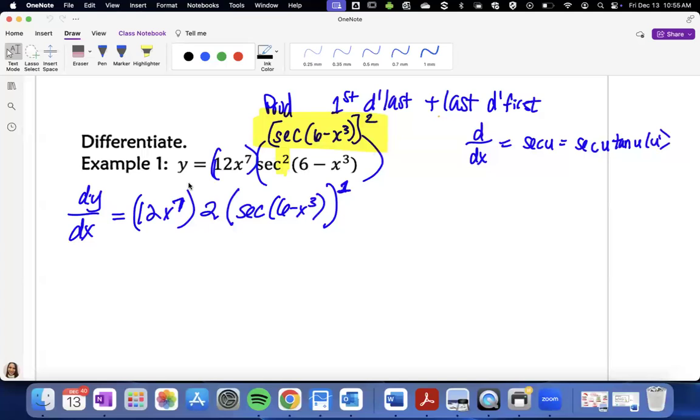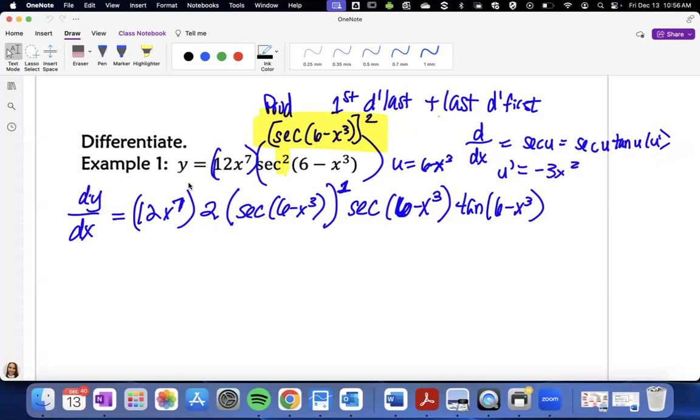So we do secant of u, which is the 6 minus x cubed, tangent of 6 minus x cubed. Ladies and gents, what's my u prime? Negative 3x squared. Does it help to write these on the side? That might be helpful. If not, you don't have to. But times negative 3x squared. That's your u prime.